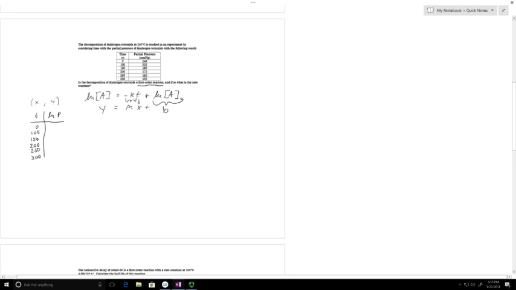Our y term is the natural log of the concentration, or in this case, the pressure. So we would need to take the natural log of P to get the proper y term.